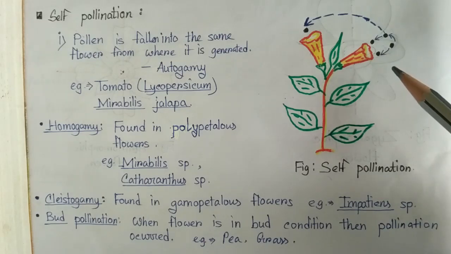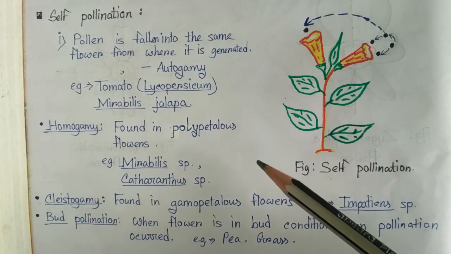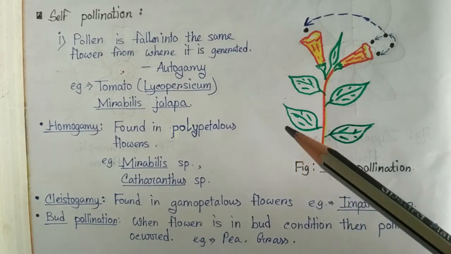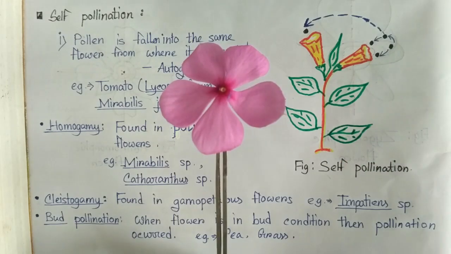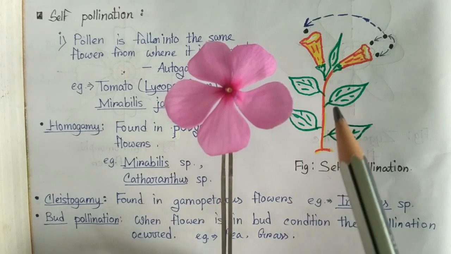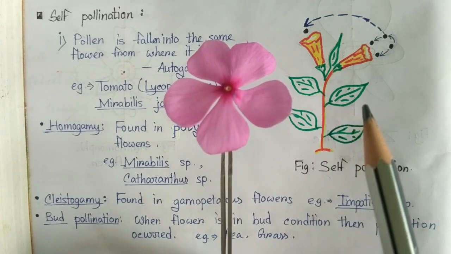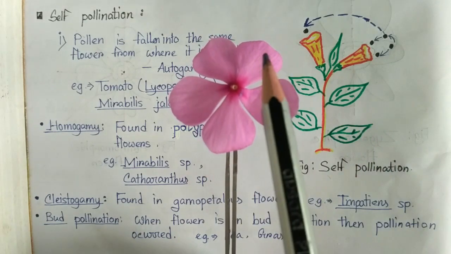Again, the self-pollination procedure is divided into three types. First one is homogamy. It's found in polypetalous flowers. Now, what are polypetalous flowers? This is a polypetalous flower which is commonly known as Nayantara and scientifically known as Catharanthus species. Here, petals are separated from each other.